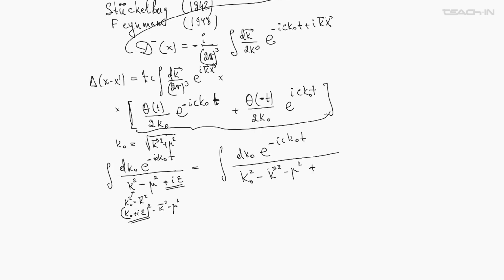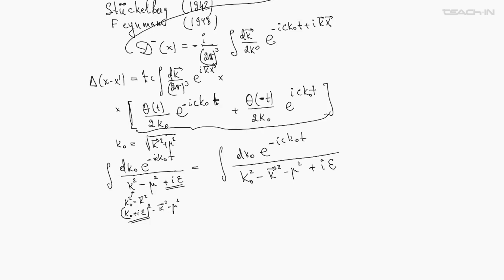Again, you can go on and look where the poles are. So again, I'm shifting the poles away from the real line to make my integral well-defined. I shift them a little bit away from the real line, but now these poles are shifted in a different way. How are they shifted? They are shifted in the following way.